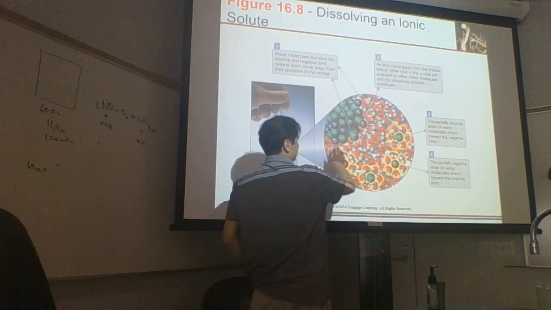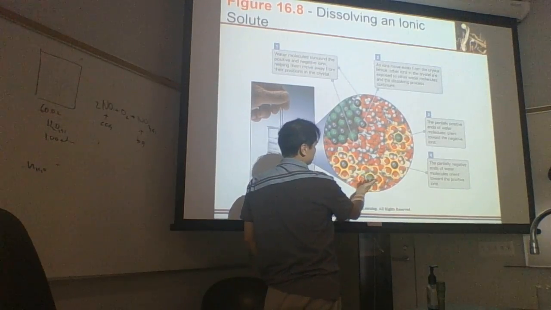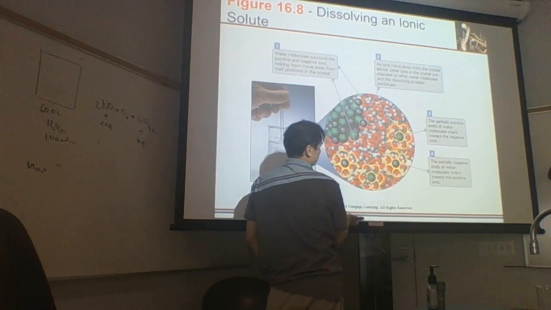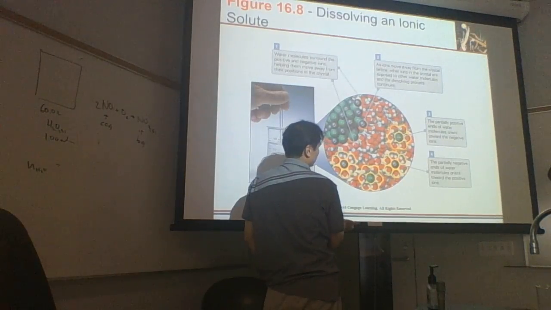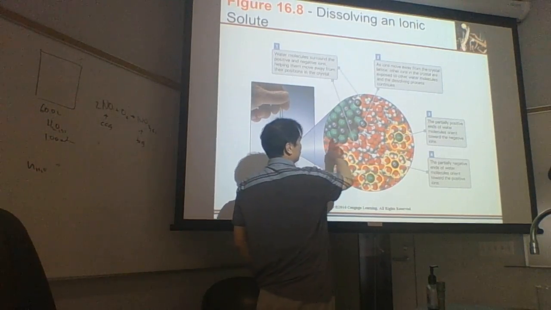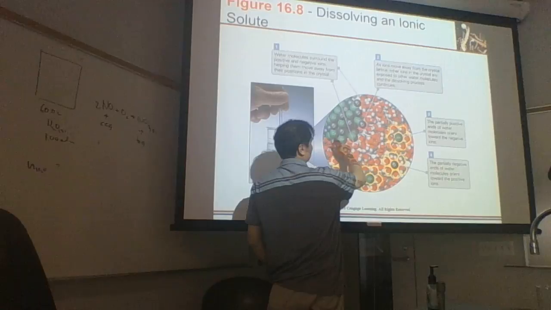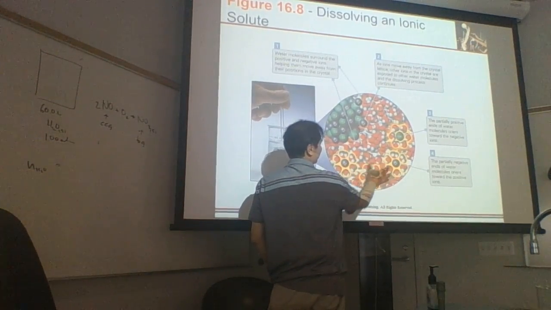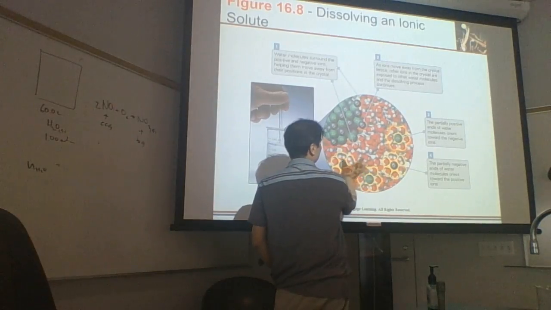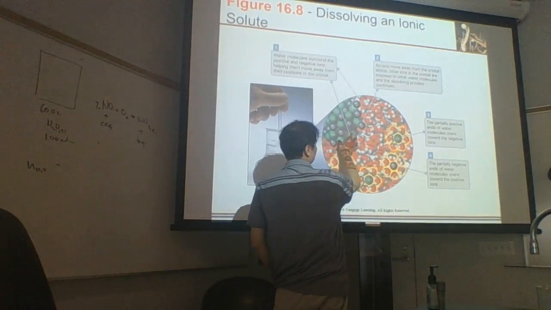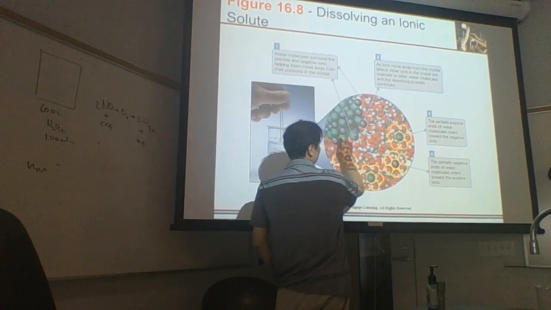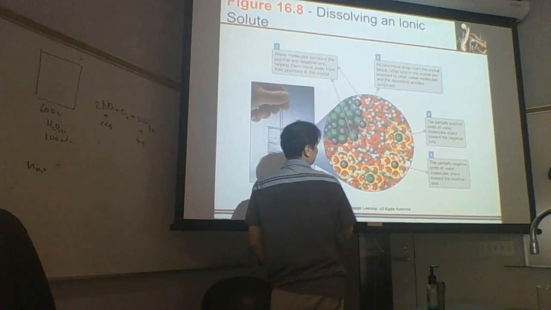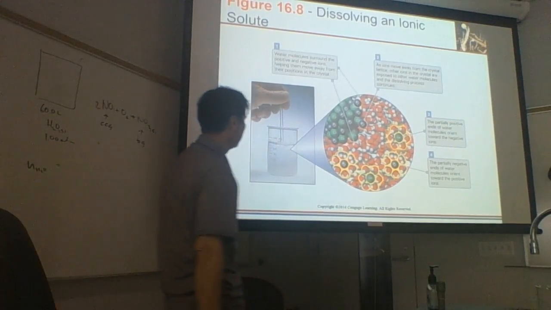Let's say I tried to put in 500 grams, that excess would be 151 grams. That 151 grams doesn't just sit there. It continues to dissolve, but we have such a high concentration of ions that they continue to crystallize. And so crystallization happens at the same rate, which is called the dynamic equilibrium, and we have no net change.